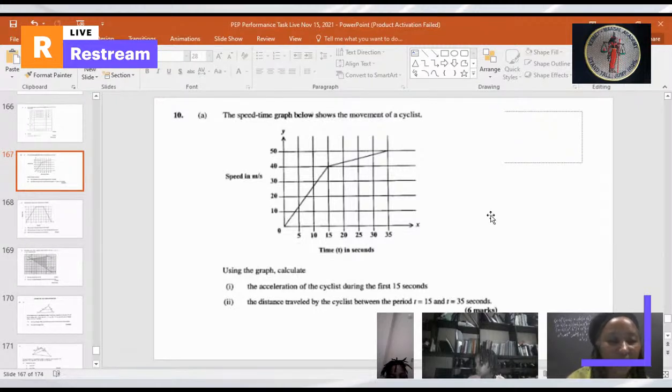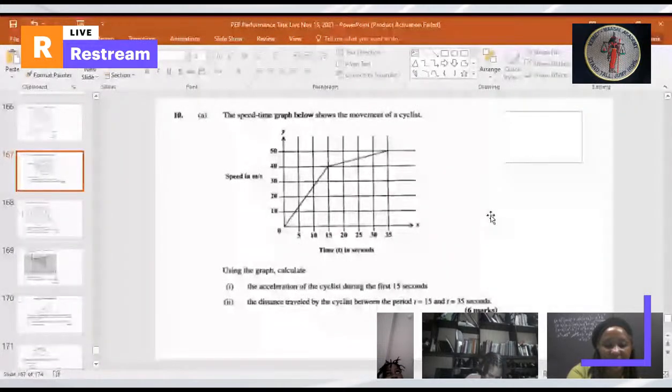So this is a speed time graph, and it shows the movement of an object over time. Part I is asking for the acceleration of the cyclist. The acceleration is how much you are speeding up each time.